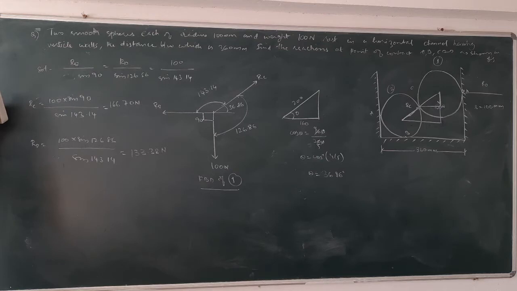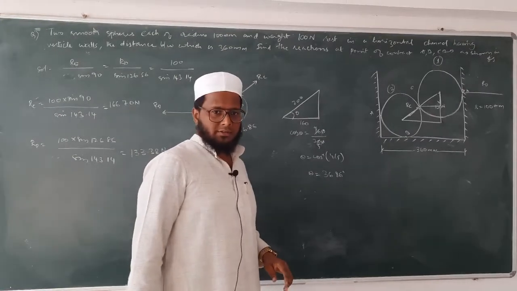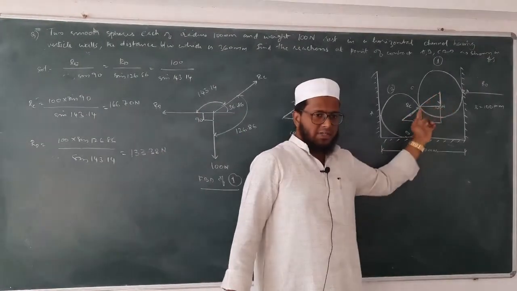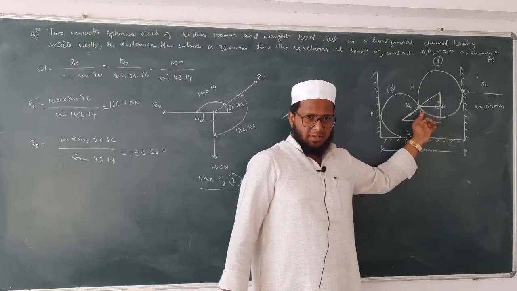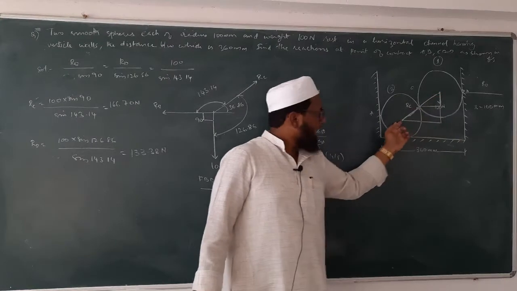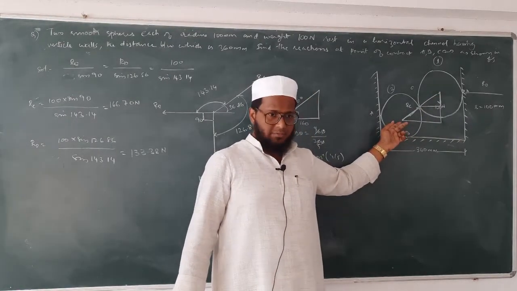Now, copy down. The mistake the students will do here is they'll take the radius till here only. Initially I have taken this one. I was about to make a mistake actually. Then I have taken up to the center of another circle. Why?